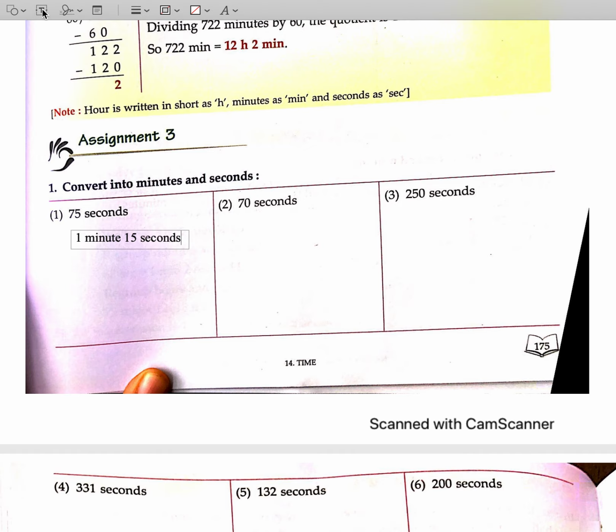So 250 seconds, here we can do division. So first we'll write 250 here and 60 over here. So 60 4s are equal to 240. So we'll write 240 here.